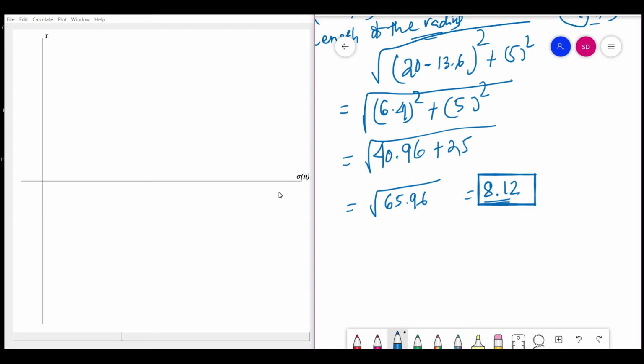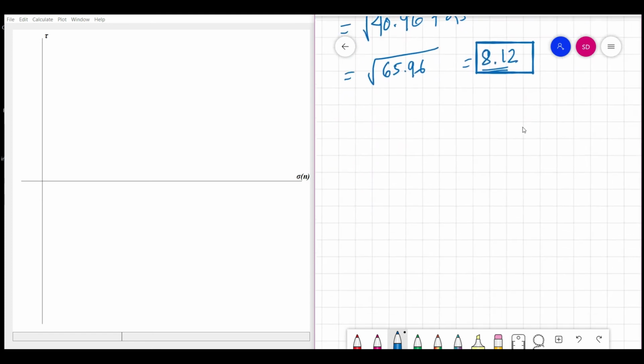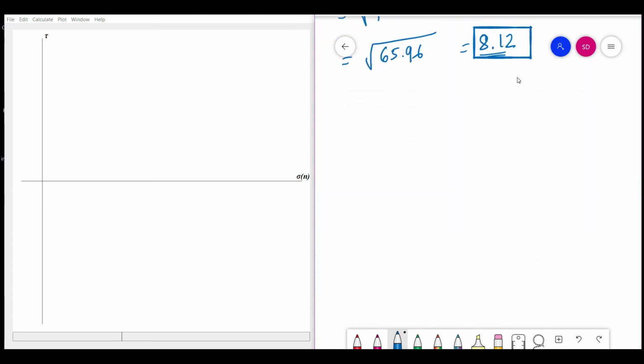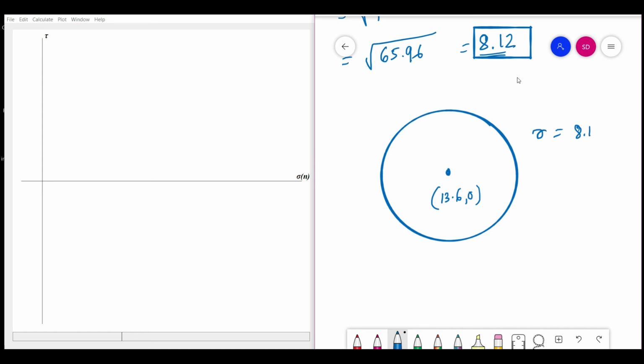Now, for the Mohr circle we have the center as 13.6 and 0, and the length of the radius is equal to 8.12. Can we calculate the two principal stresses, that is sigma 1 and sigma 3?